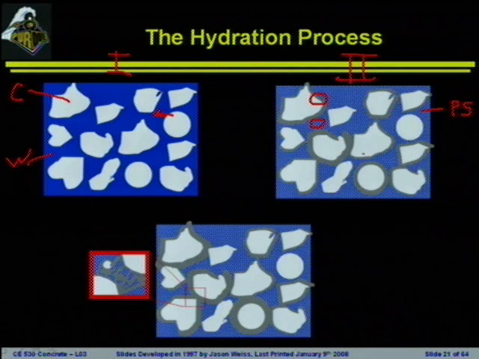Now, as this reaction proceeds, the cement particles are going to be getting bigger because the hydration rim will be increasing even though we're using up the cement. So the white part on this diagram is going to be getting smaller. The outer edge, this gray part, is going to be developing, and this is the hydrated product. This is that glue, and that glue is going to be a portion of the white cement that's shown here, the white colored cement that's reacting with the pore solution and creating this new volume.